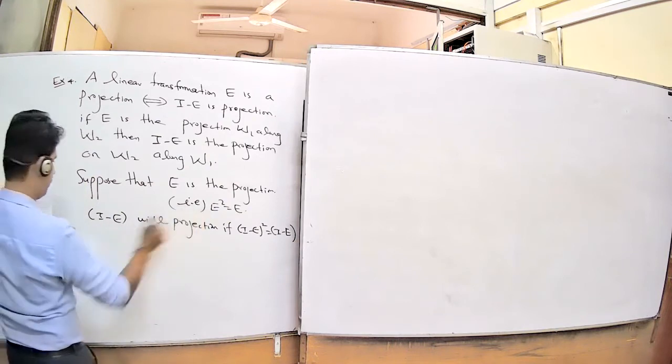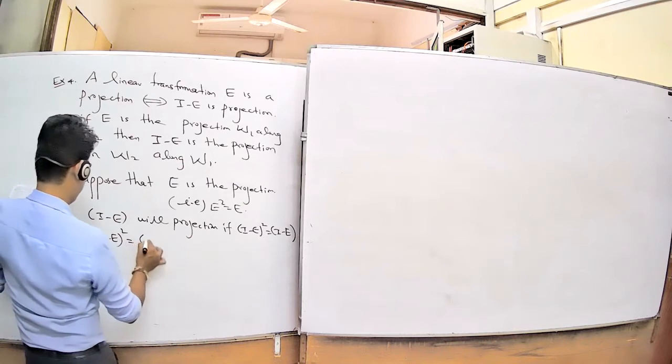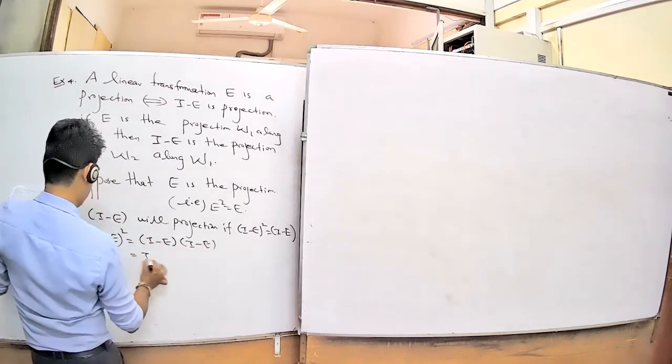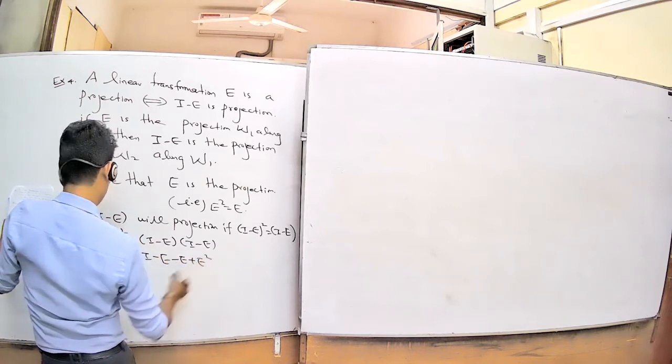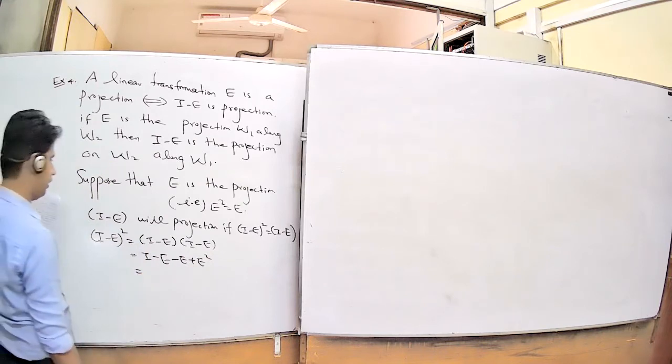Consider I minus E squared. That is I minus E times I minus E, which is I minus E minus E plus E squared. But we have E equals E squared.